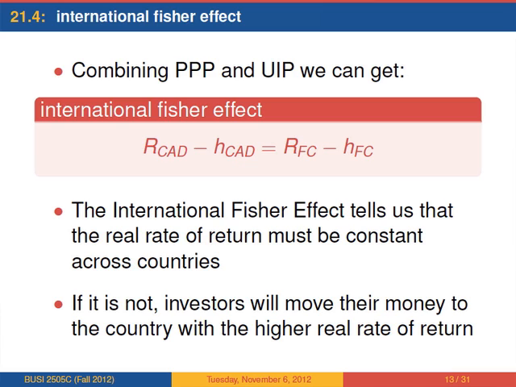So this is the international Fisher effect. It's a similar relationship to the regular domestic Fisher effect for interest rates, but this is how it's applied when you look at the spread between the interest rates and the inflation rates between two countries. They should be equal.